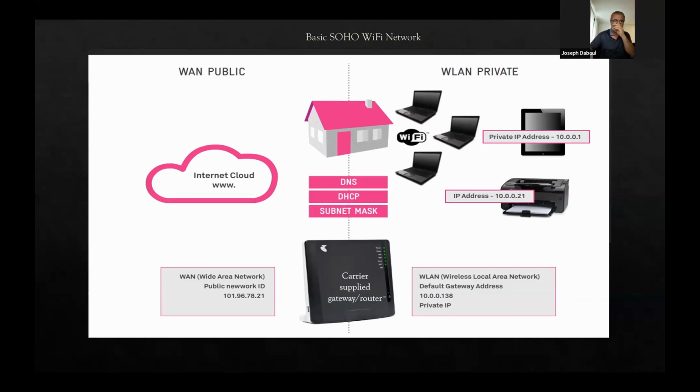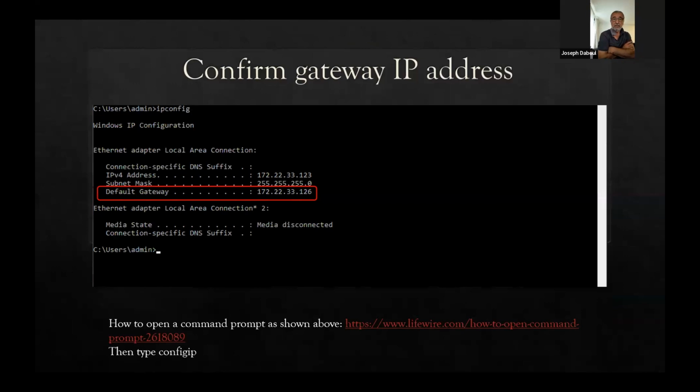How do we do that? Well, you can use the old-fashioned way of using a command prompt. Start, run, CMD, enter, and you get this black box. That is called the command prompt. With that command prompt, you enter a command, ipconfig. Well, the ipconfig will actually give you a whole list of numbers.